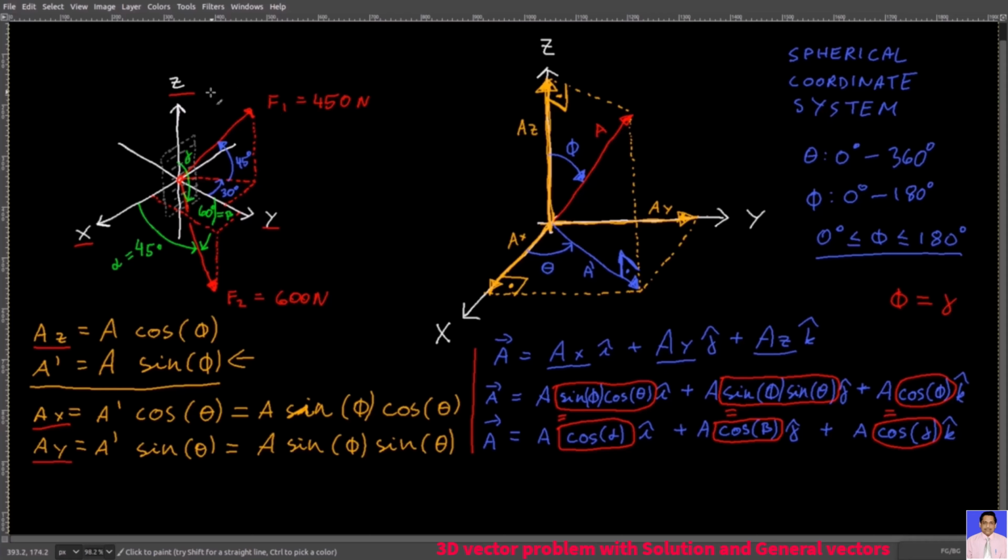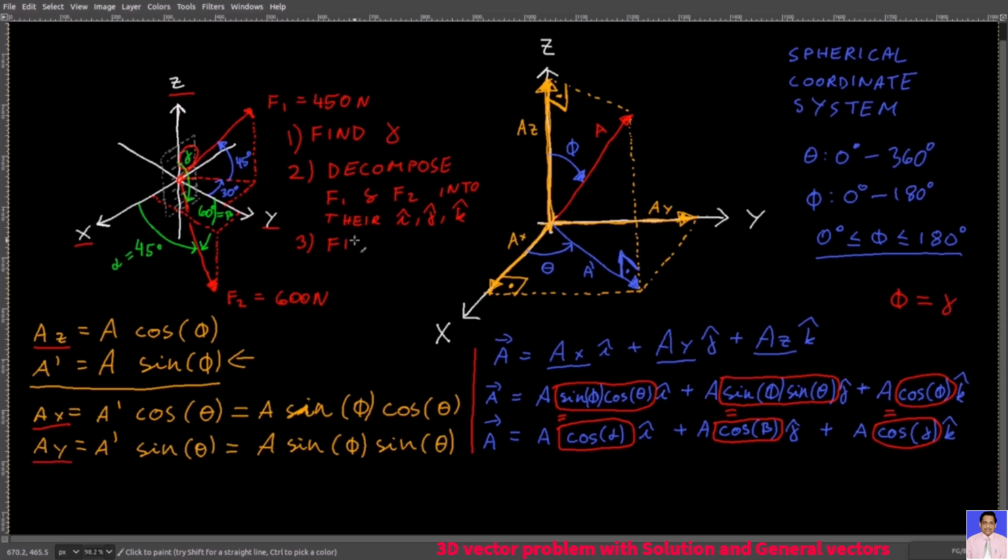In this problem, this is what you need to do. First of all, you need to find gamma. You need to find this angle here. This is a coordinate direction angle. Then, what you need to do, you need to decompose F1 and F2 vectors into their i, j, and k components.